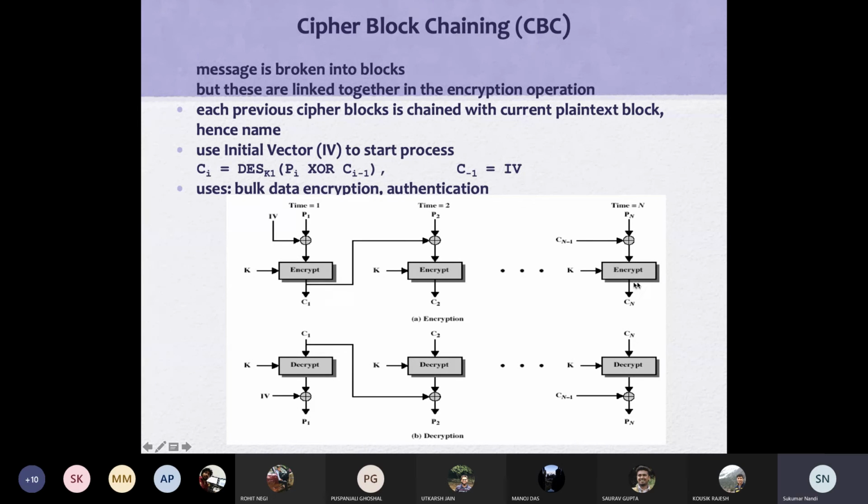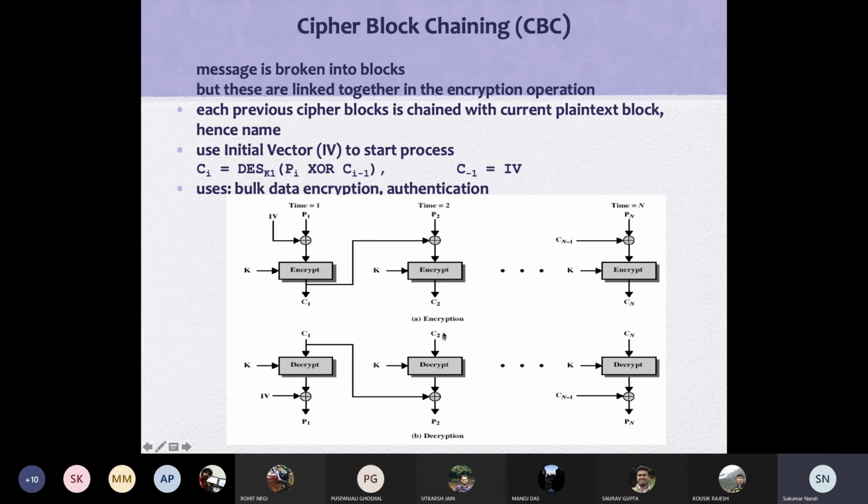So this process will continue up to CN, the last block, and the reverse process is used. Take the first cipher block, decrypt it, then join with the initial vector, and you will get the plaintext.